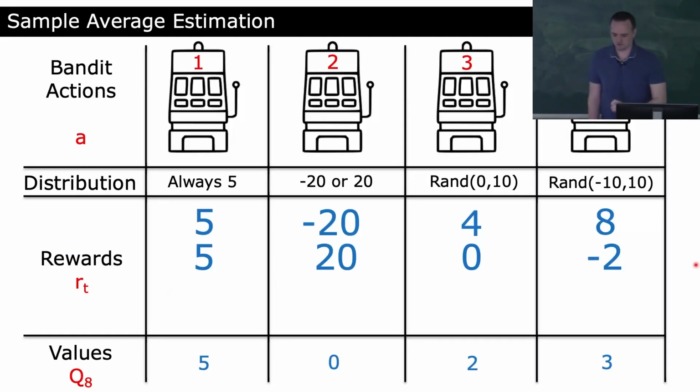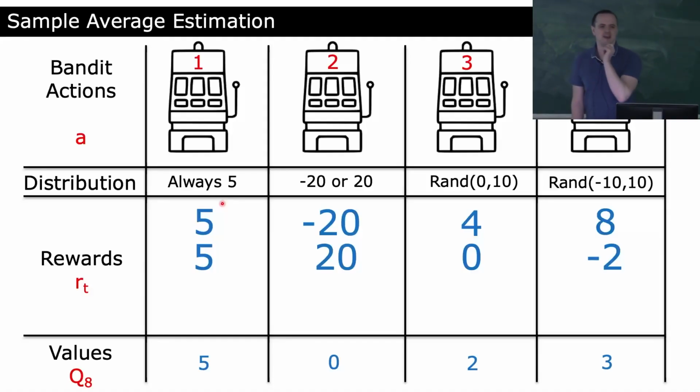Here's a bit of a spoiler. If we have a stationary distribution, meaning that those distributions will never change, and we are somehow sure of that, then the average is what you want to use. Nothing can do better than the average in that case. But what can happen is, let's say this always 5.